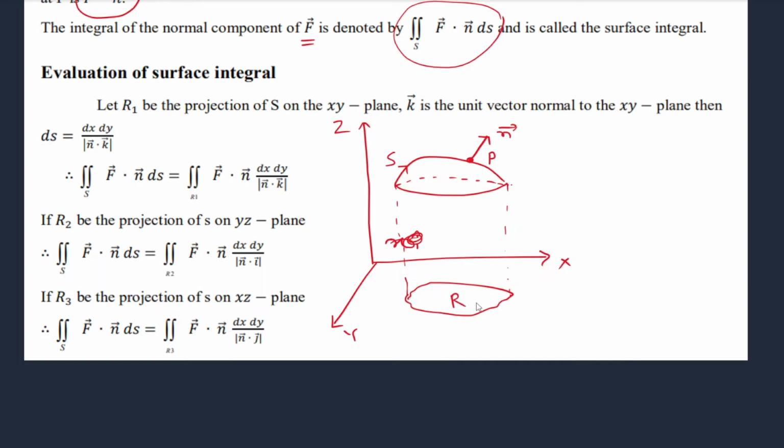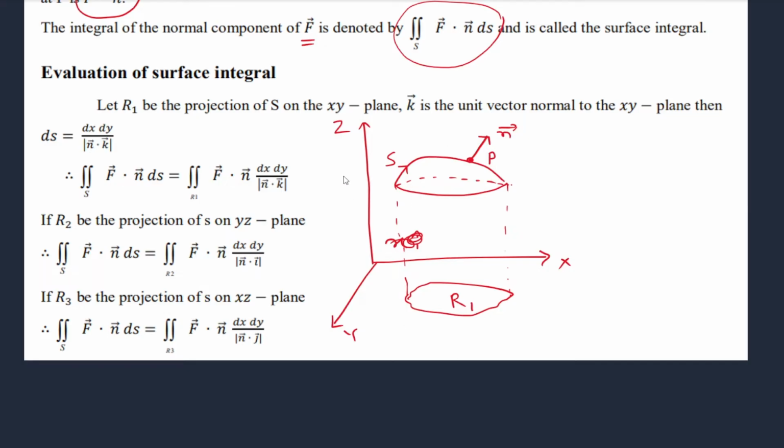So this is the projection of the surface S on the two dimensional xy plane, a simple plane. Though the surface is three dimensional, if we take the projection, meaning the shadow of this particular surface, then we will get a region. That particular region is R, here it is written like R1. Let R1 be the projection of S, this surface, on the xy plane.